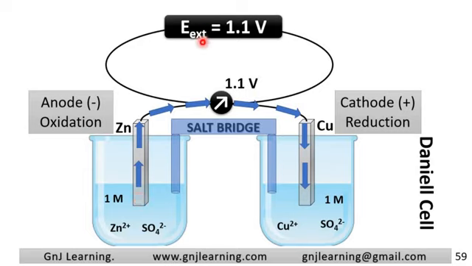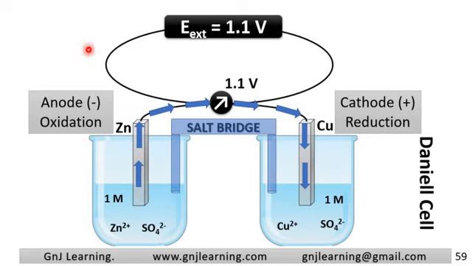And here you can see it is now 1.1 volt, which means this external source is supplying a voltage equivalent to 1.1 volt to the zinc. What was the difference between these two? It was 1.1 volt. Now it is supplying that 1.1 volt to the zinc. That means now the potential of both electrodes is the same.